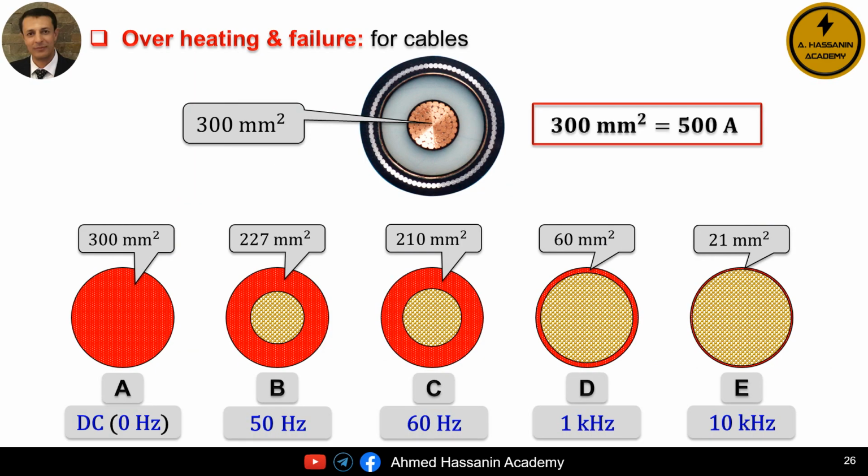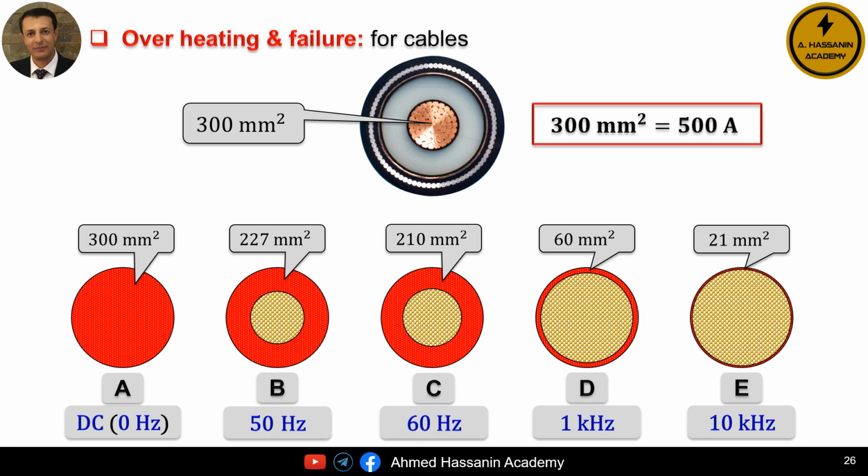It is also important to know that one of the main causes resulting from the presence of the skin effect phenomenon is the increased rise in the temperature of cables, which ultimately leads to the failure of the cables. According to the previous explanation of the skin effect phenomenon, this is due to the electric current passing through a cross-sectional area smaller than the required area.